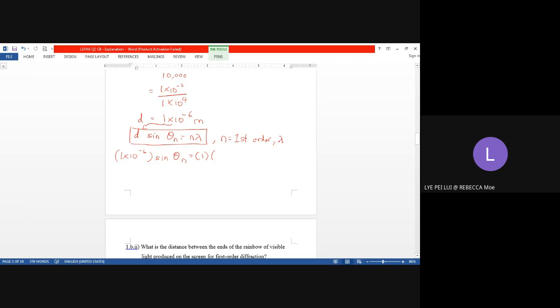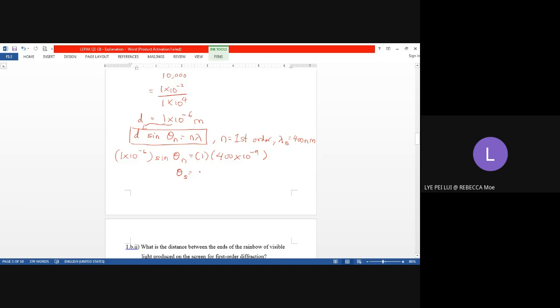Okay, shortest is 400 nanometer, right? 400 nanometer. Okay, then maybe you can put this one as shortest.